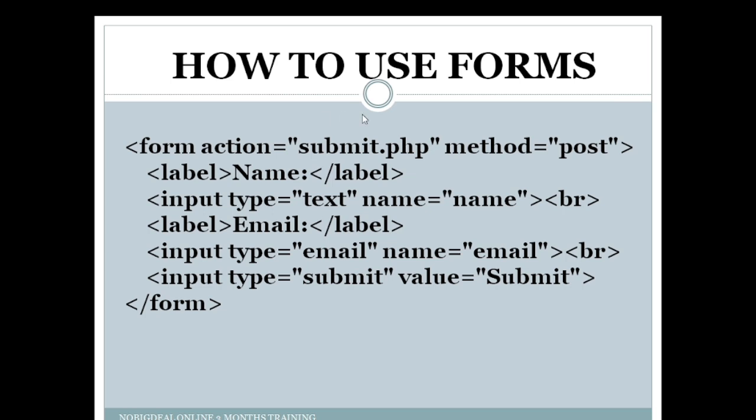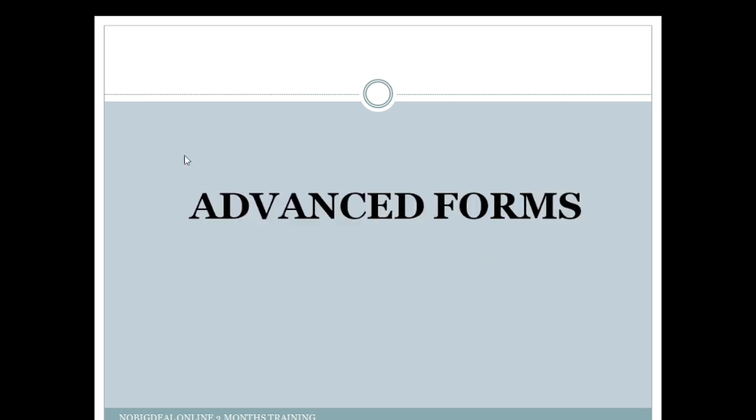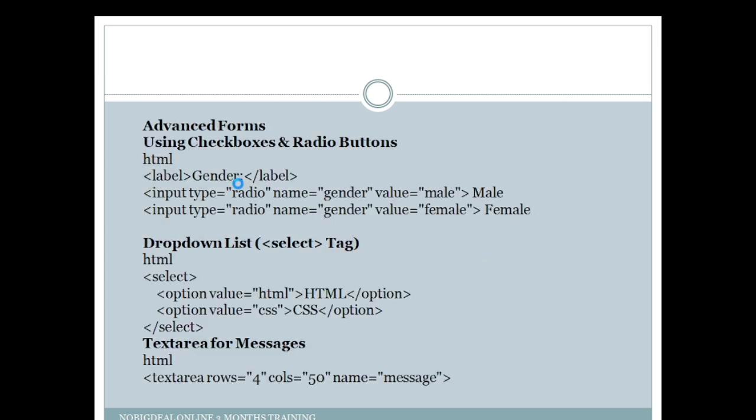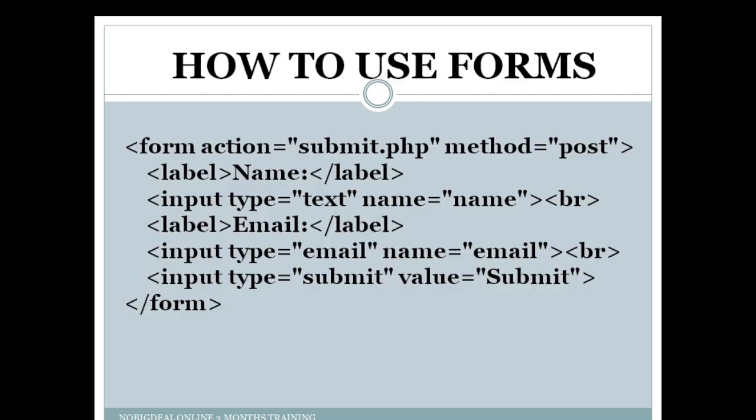Then you specify where you want it to submit to, and the method it is using. But when you are creating a form, this particular form tag is supposed to be there. So you can just write form and close the tag. But if it is an advanced form, you need to put action, where you want to submit to, and the method you are using.